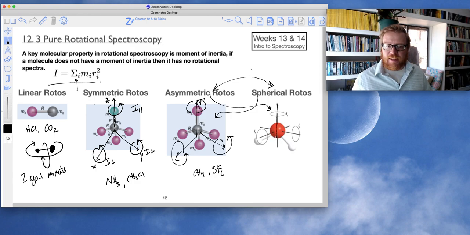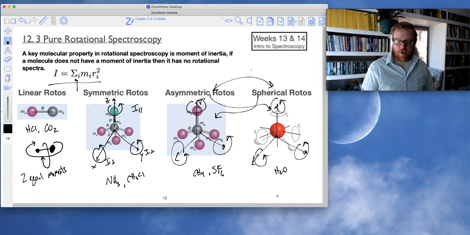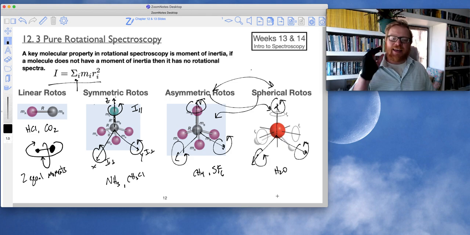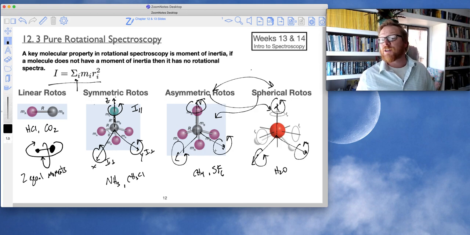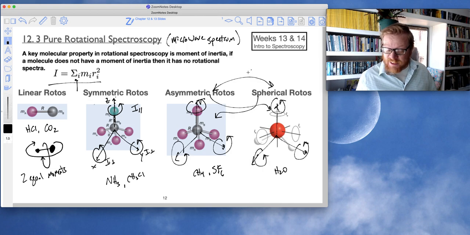And then finally, the asymmetric rotors, such as water, as you might guess, all three of those moments of inertia are not equal, okay? So I'm not going to spend a whole lot of time getting into all of these specific examples and coming up with these equations. It's important to note, though, that when we think about the rotational spectrum, and I'll note that that is the microwave spectrum, hopefully we remember from our review of StatMech that rotations occur under microwave frequencies.